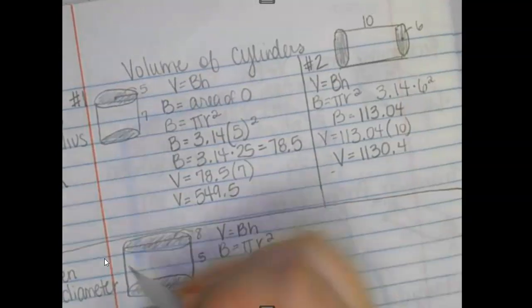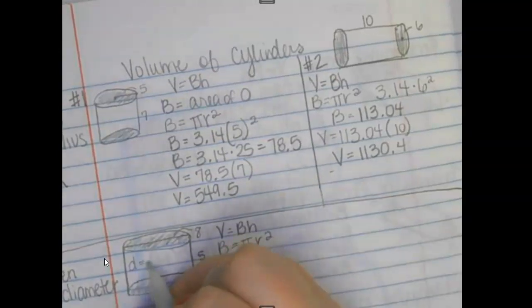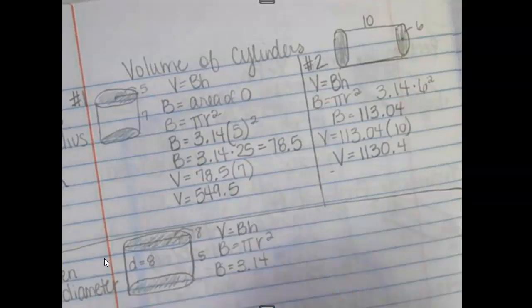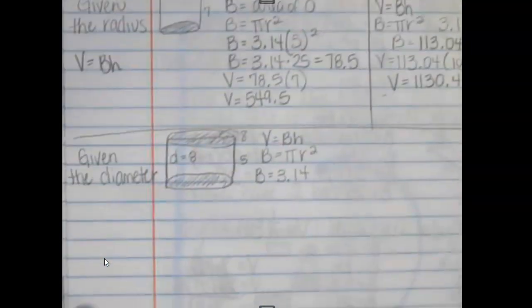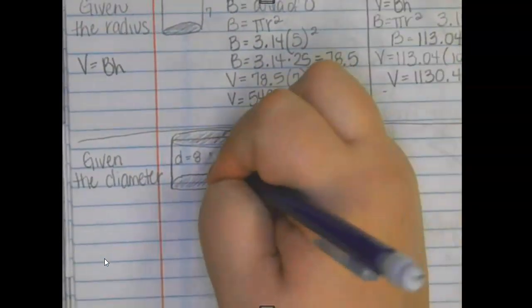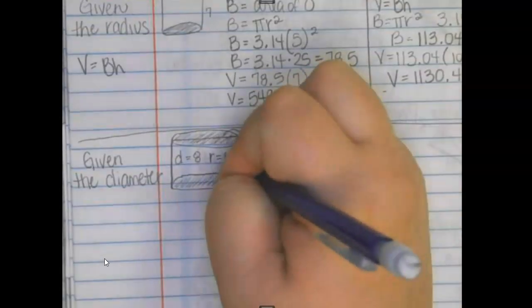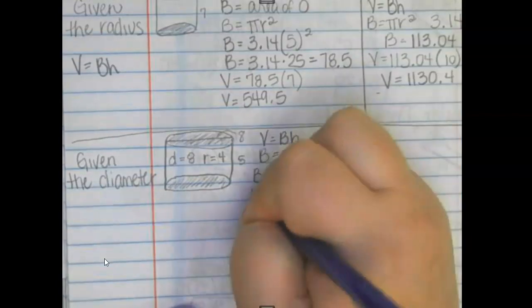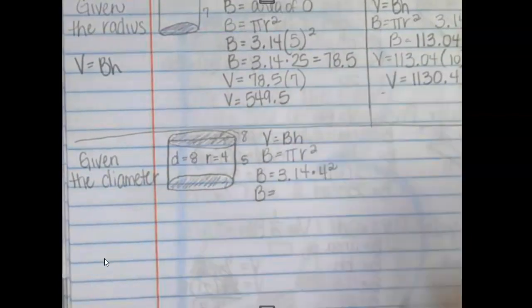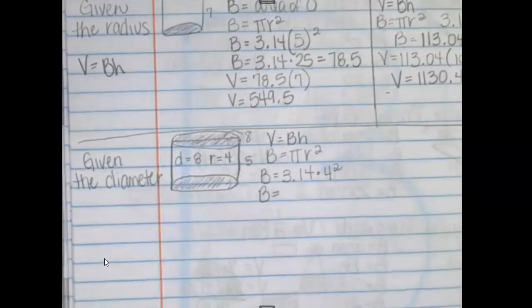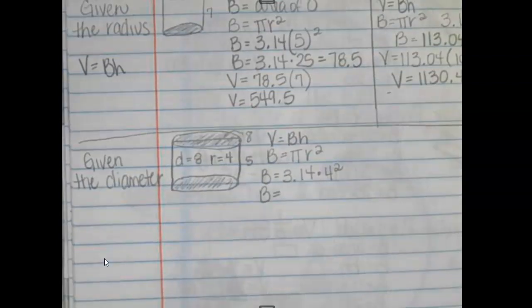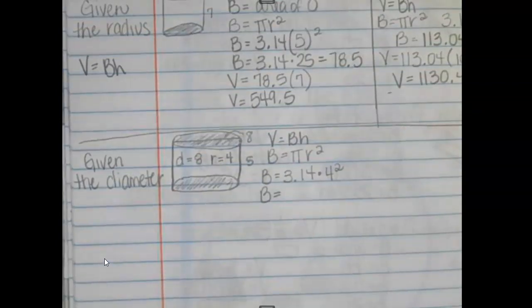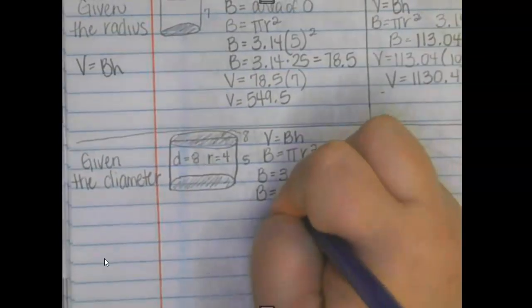No, I was given a diameter equals 8. Sorry about that. The radius is half of that, so the radius will be 4. So I'm going to do 3.14 times 4 squared, and 4 squared equals 16. That is 50.24.